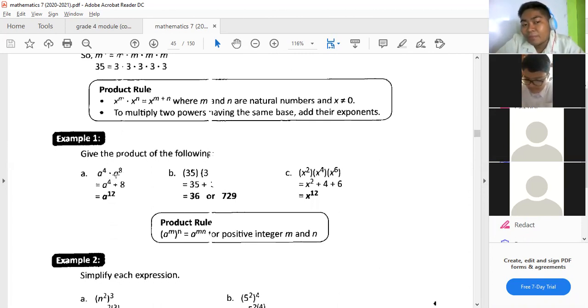Kaya magiging ang exponent ng first term natin is 4. Ang exponent ng second term natin is 8. Therefore, 4 plus 8, that would be 12. Tama? So, ang gagawin mo sa variable niya, just copy the variable. Simple as that. Kaya ito magiging a raised to 12.